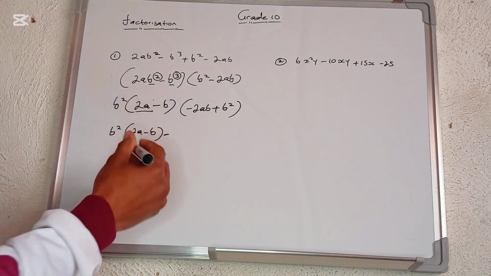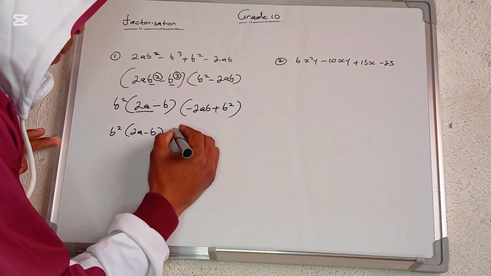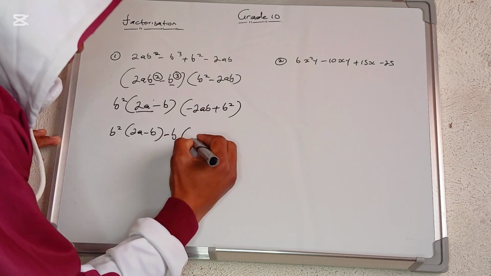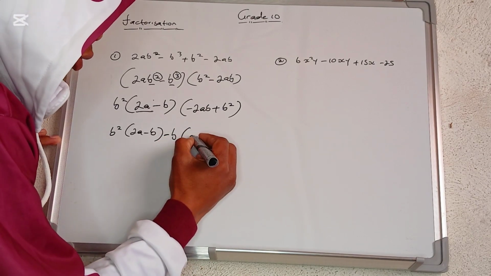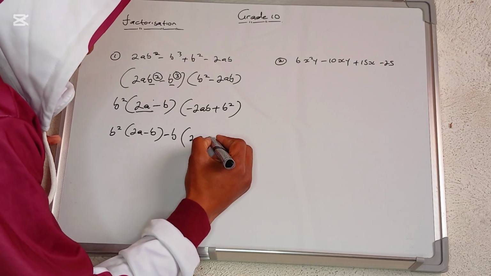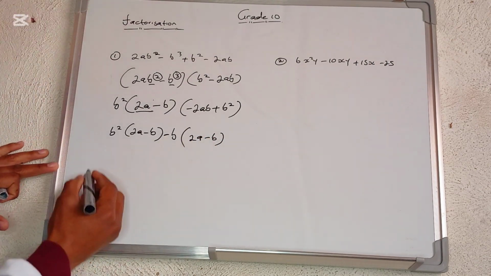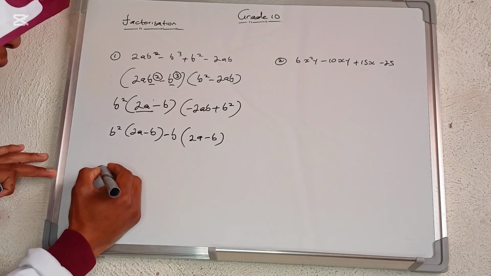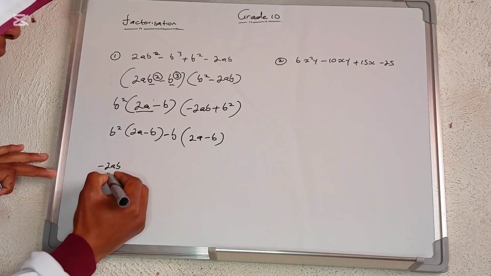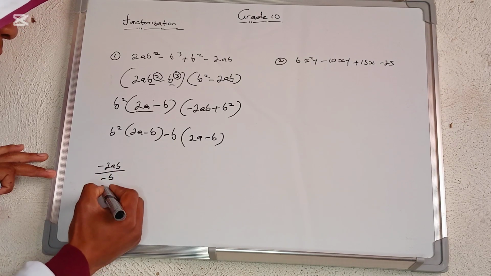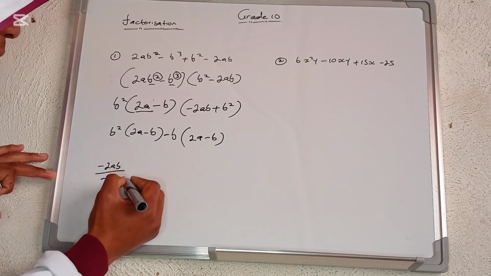So our common factor here is b. We're going to have negative b, then 2a minus b. Let me show you how. It's negative 2ab over negative b, so this is going to be like this.